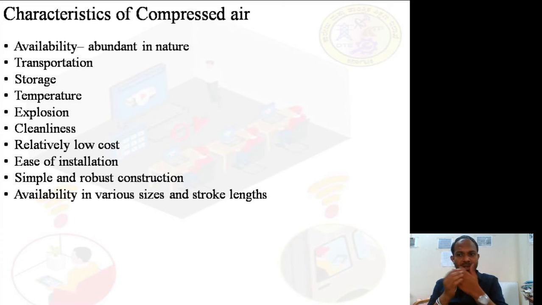Basically, compressed air is a fast flowing operating medium. This property enables high working speeds of the actuators. When you compare other gases or other fluids, this air flows much faster.